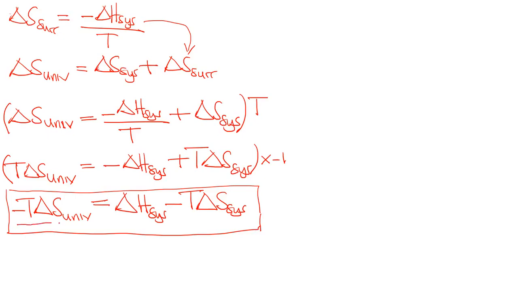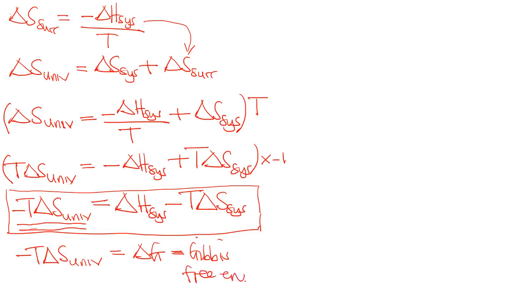This part of the equation is another thermodynamic characteristic. So this part of a chemical equation, I will say negative T delta S universe is equal to delta G. This is called Gibbs free energy.